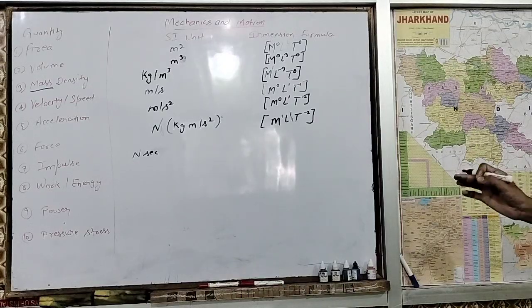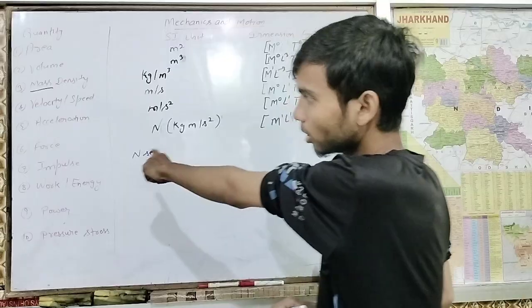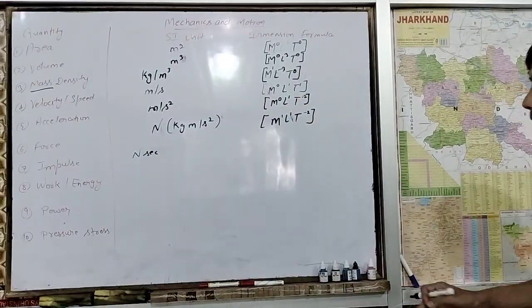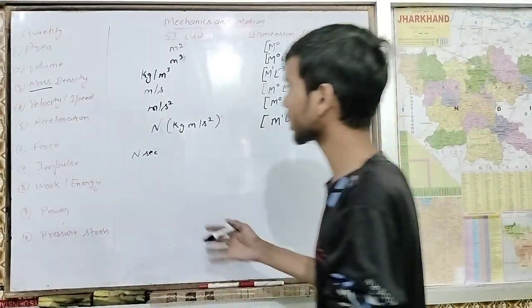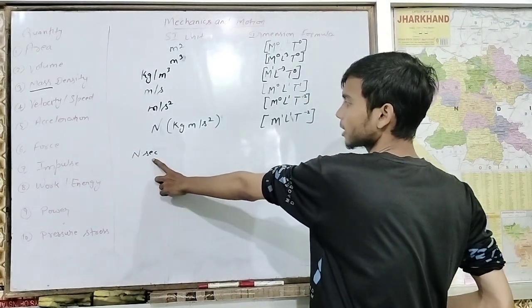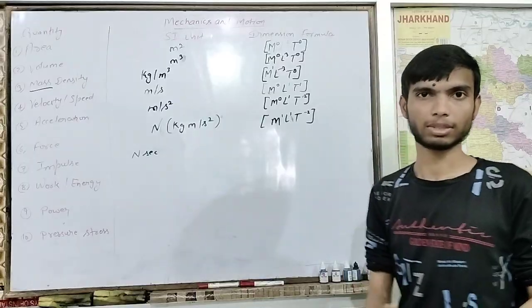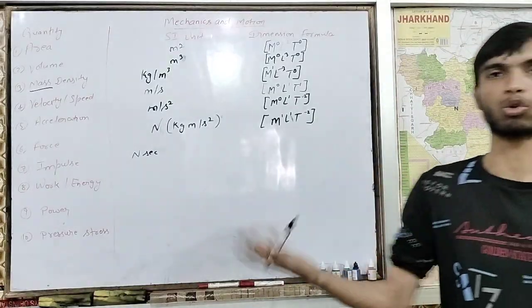Here you can see force is coming in for impulse. So rather than writing from scratch, we can write the dimensional formula for force and then apply T for second.